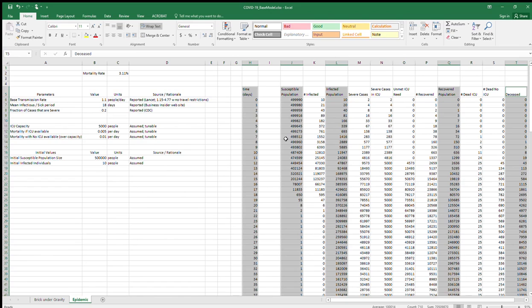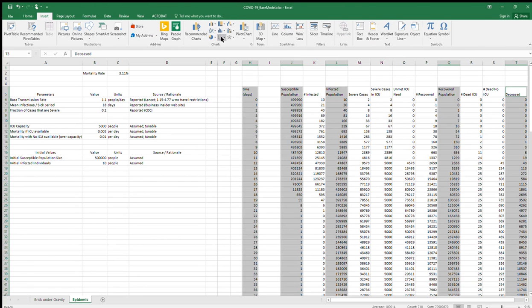So having a table of numbers like this has all the information in it, but it's not all that easy to interpret. So between then and now, I highlighted the variables, and with highlighted cells within a spreadsheet, most spreadsheets give you the ability to insert charts or tables or graphs or whatever they call them in the particular version that you've got.